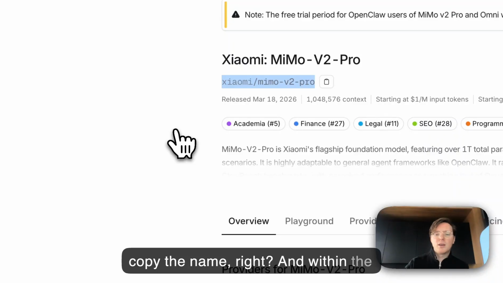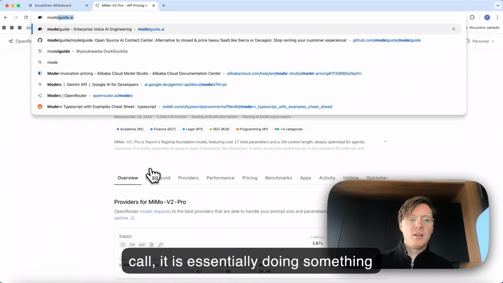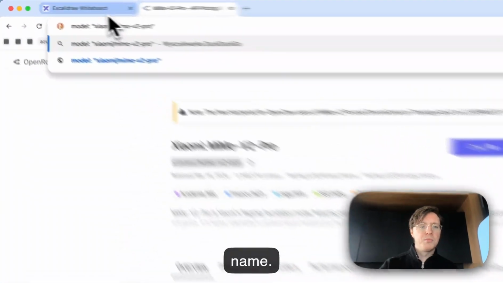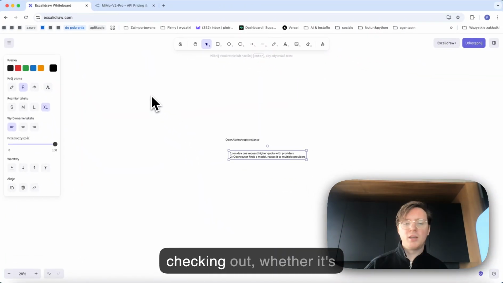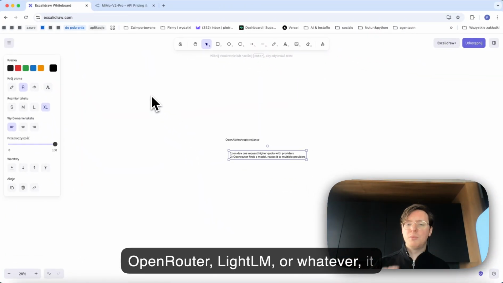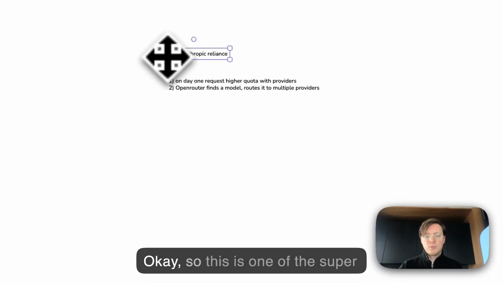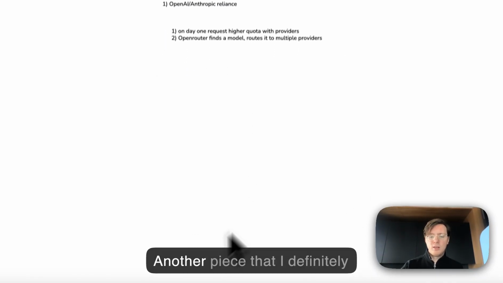And within the code, it is doing something like this, and that's it. Just changing the model name. So it's super simple. Definitely worth checking out. Whether it's OpenRouter, LiteLLM, or whatever, it doesn't really matter, but one of them. Okay, so this is one of the super important pieces.